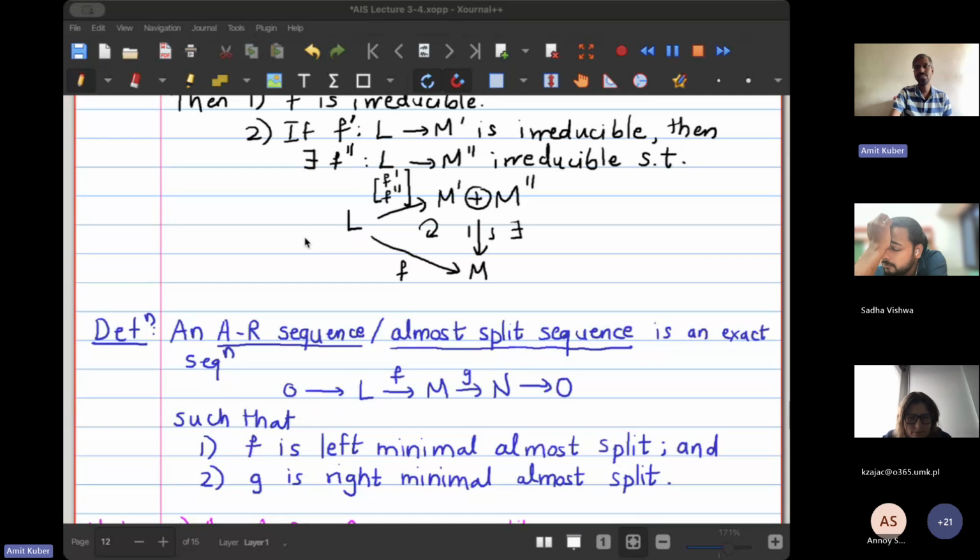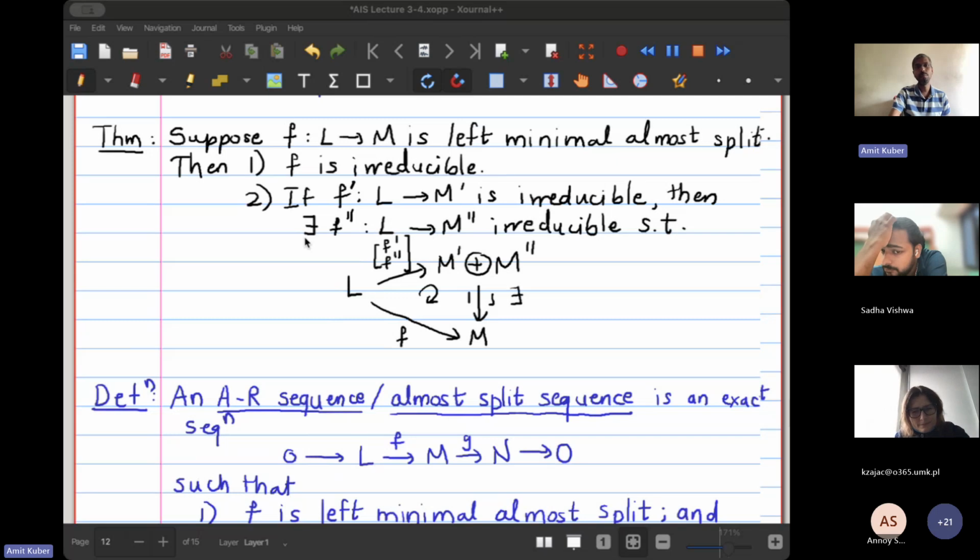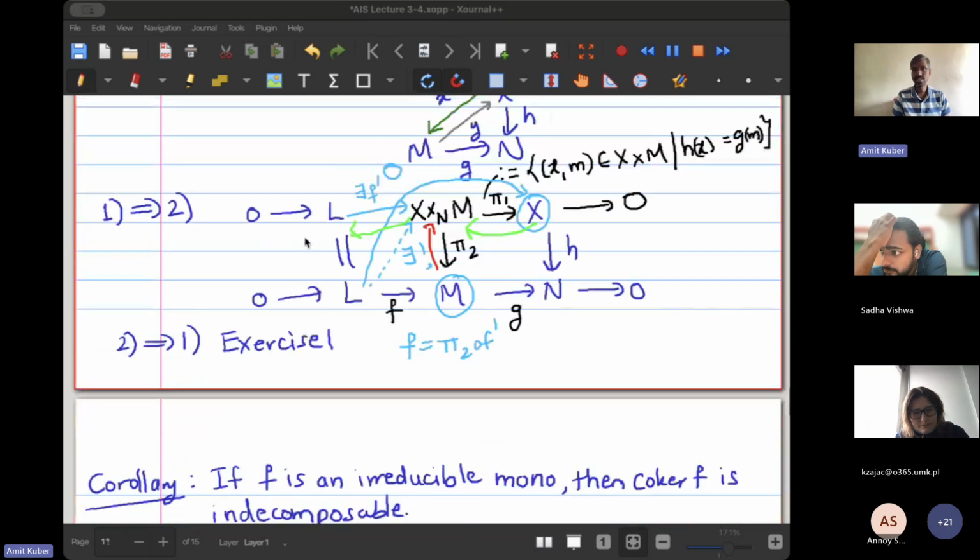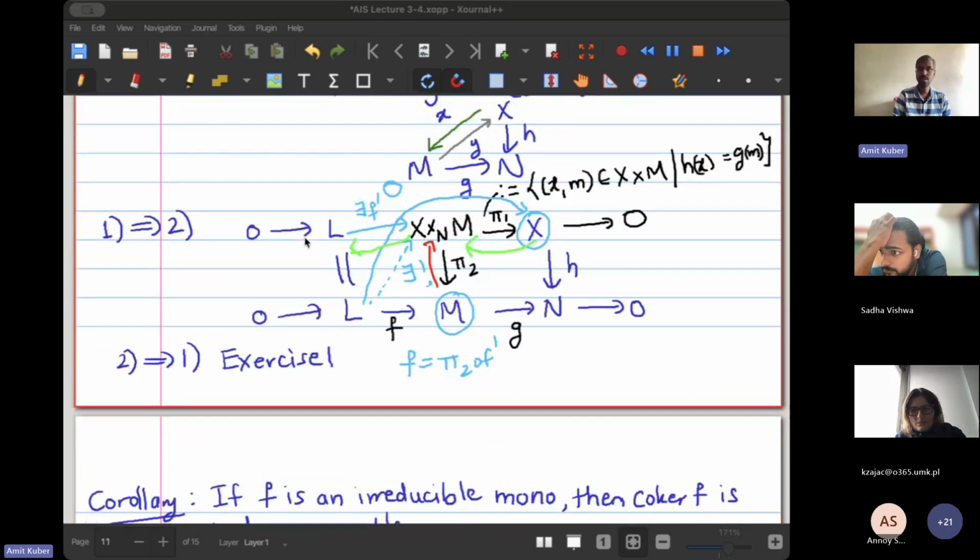We'll find several characterizations of this, and some more properties of these irreducible maps will be discussed. Any questions?